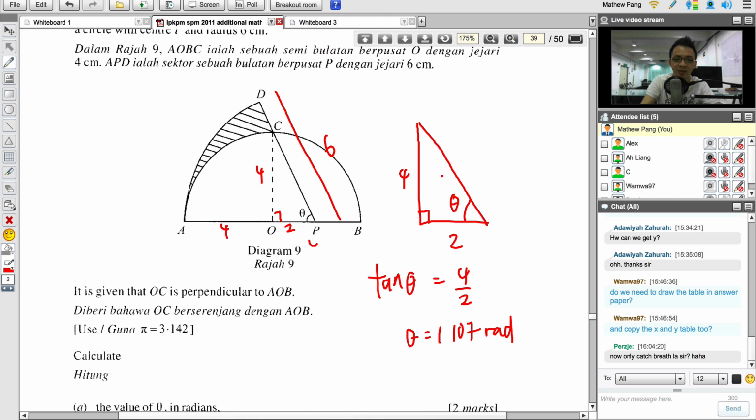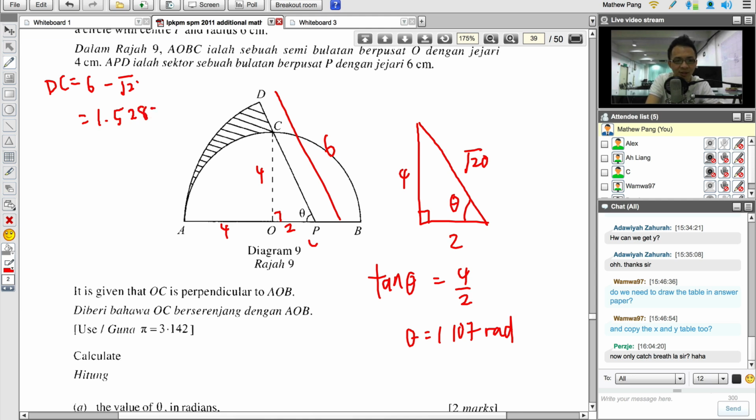So DC equals 6 minus square root 20, because this is square root 20. So 6 minus the answer is 1.53 maybe, or 3 decimal places will be good: 1.528 centimeters.